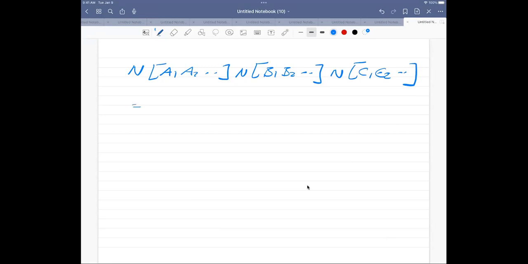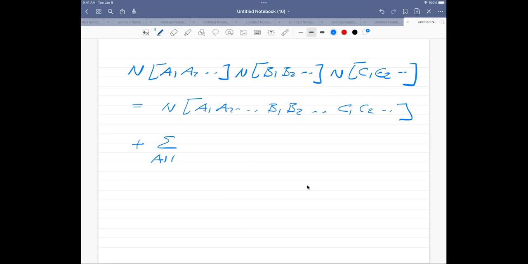This can actually be written out as N of A1, A2, and then we begin with N of B1, B2, and C1, C2, and that is automatically 0, plus a sum over all the possible contractions, but where the contractions now are only between the chains of normal ordered operators.